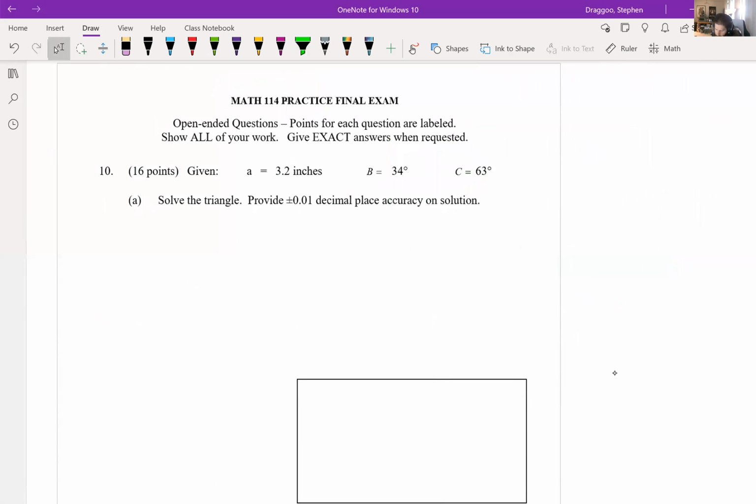Okay, and now we want to solve some triangles. So given this information, solve the following. We're given two angles right off the bat. So we'll start by solving for the missing third angle. That should just be 180 minus the other two.